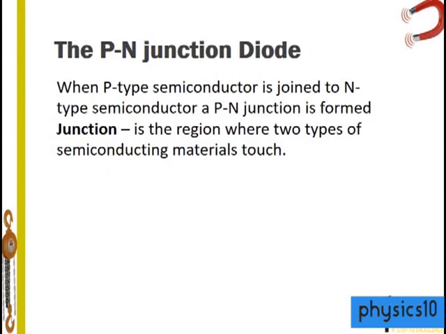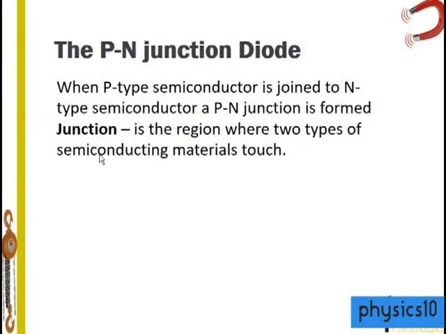So let's begin by looking at p-n junction diodes. Now, in order to understand a p-n junction diode, you need to understand p-type semiconductors and n-type semiconductors. In the previous section, we looked at these in detail, explaining how p-type and n-type semiconductors are formed.